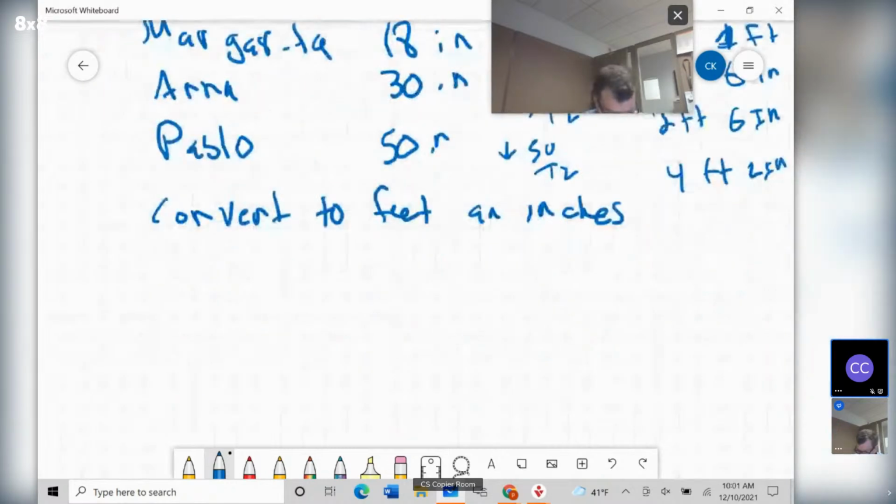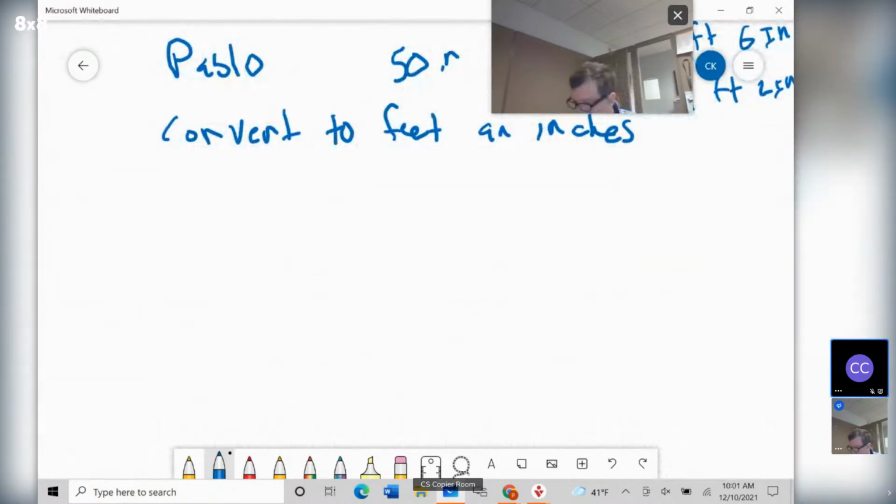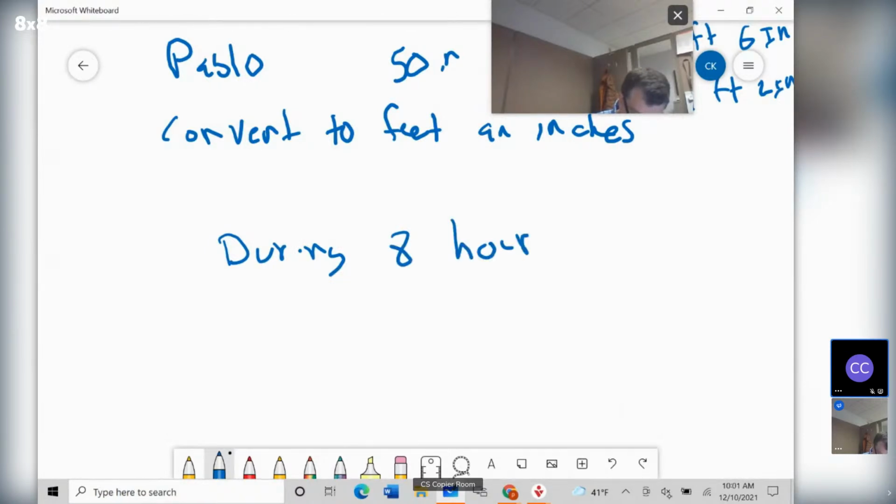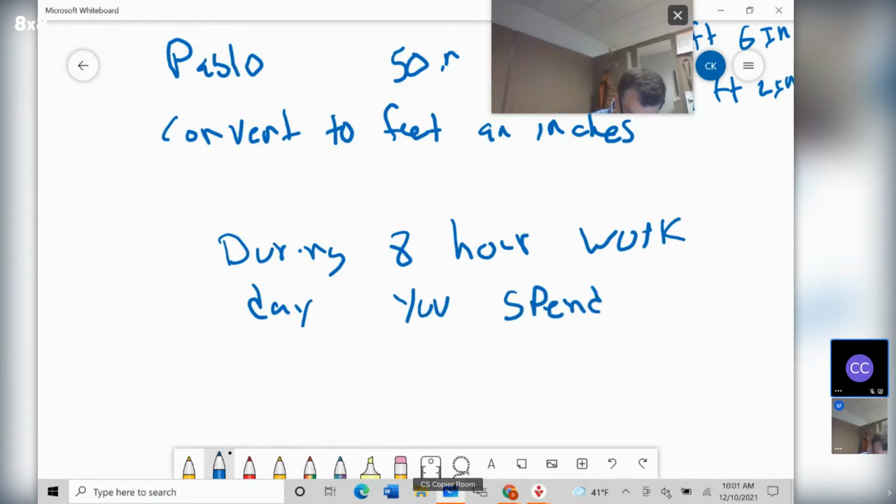So let's think about converting a fraction into a decimal here, okay? Let's say during a typical 8-hour workday, you spend 2 hours doing paperwork.